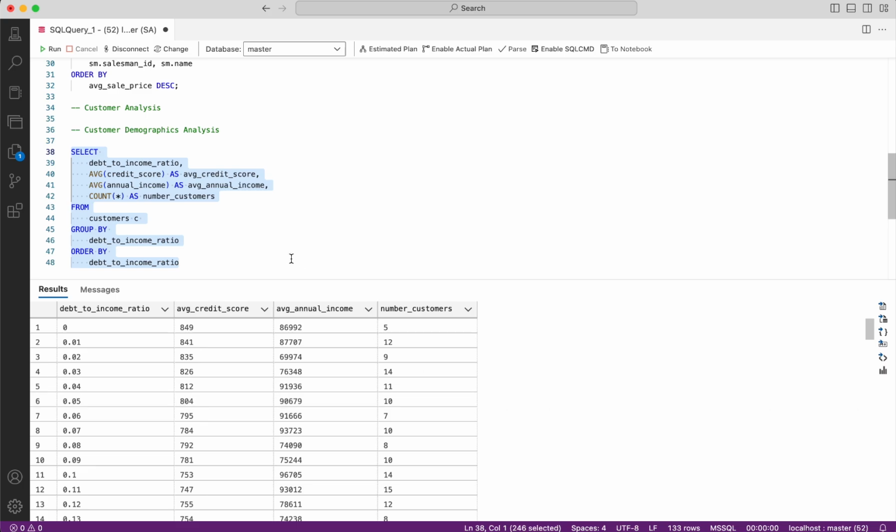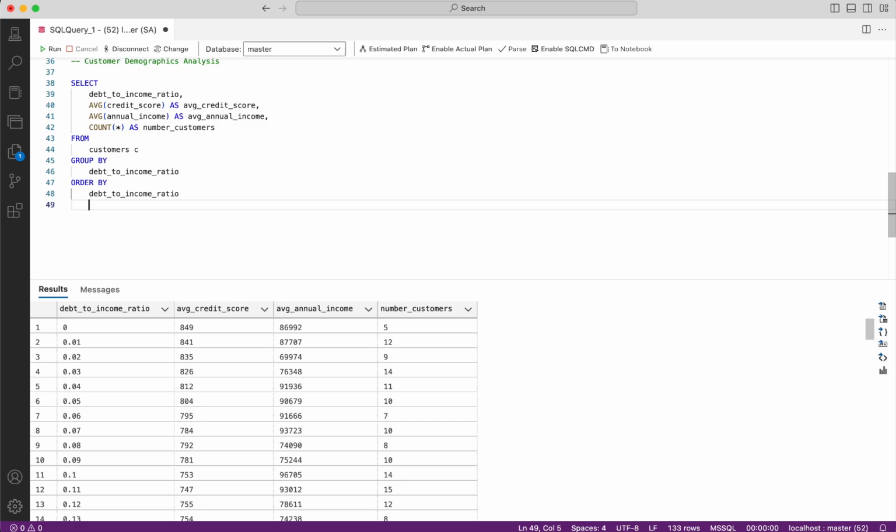And if we dive a little deeper into this, just to make things more clear, let's say sales by customer creditworthiness. Okay.